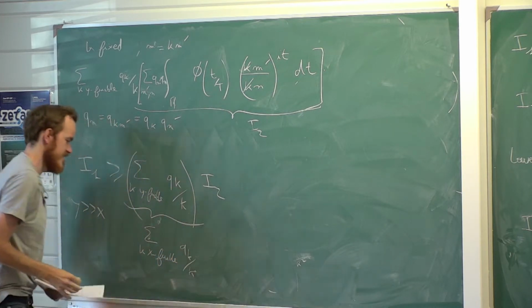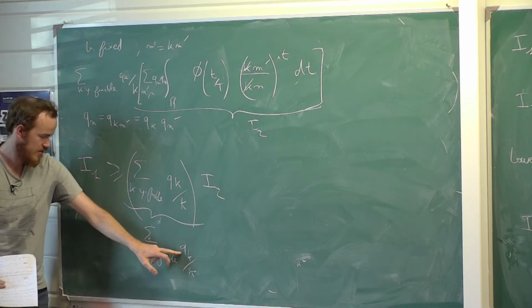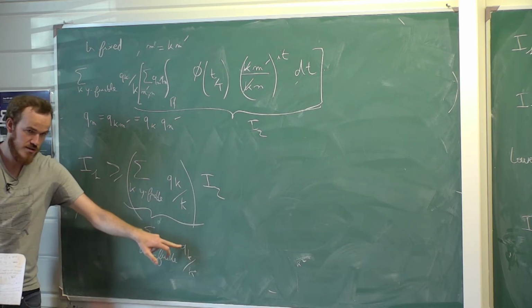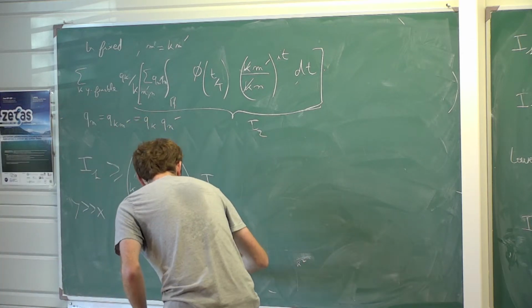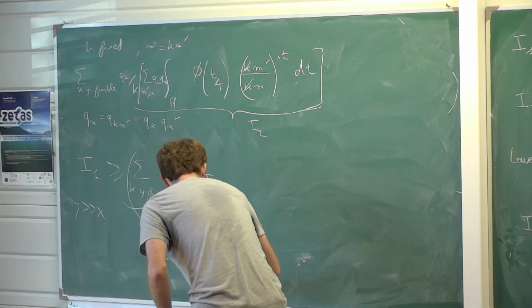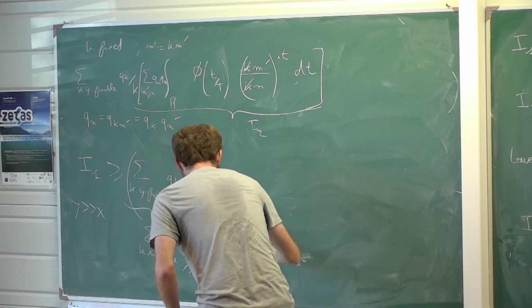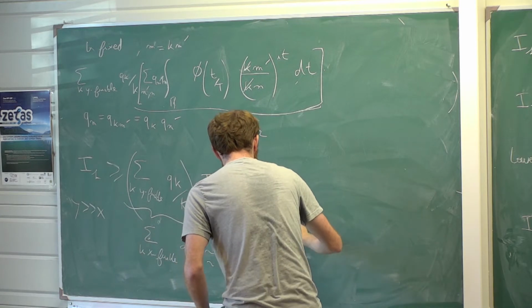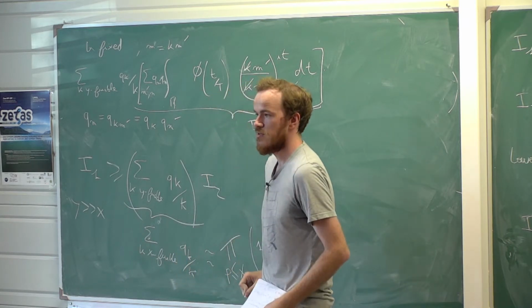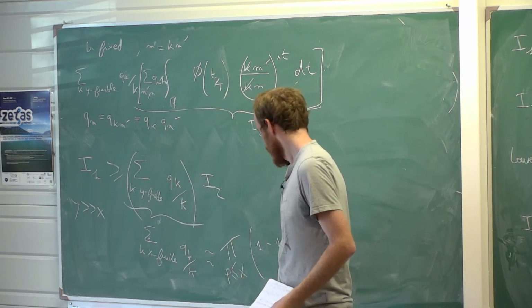And you recover what I said: if you can choose q_k close to 1, this thing is more or less the product over p up to x of (1 minus 1 over p) to the minus 1, what I said in the beginning of the proof.